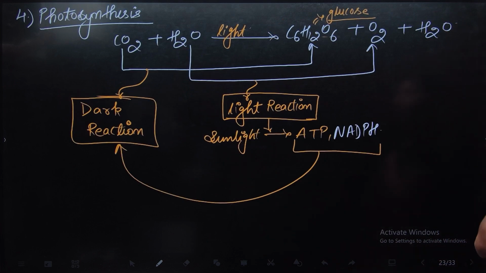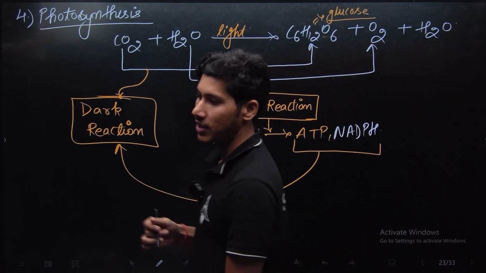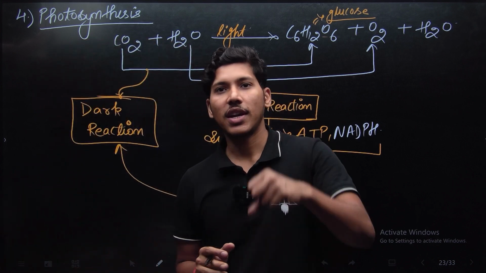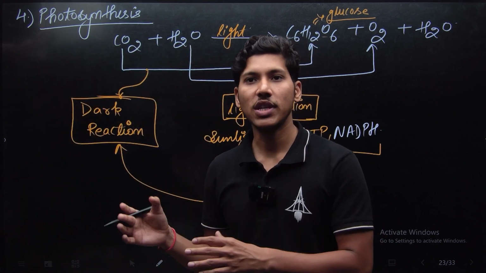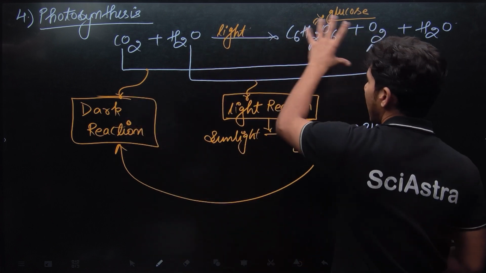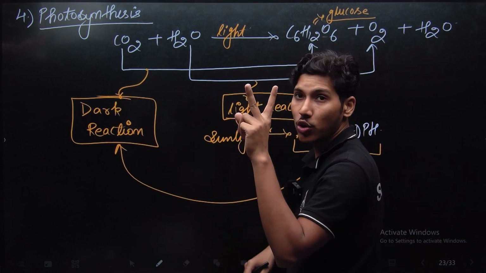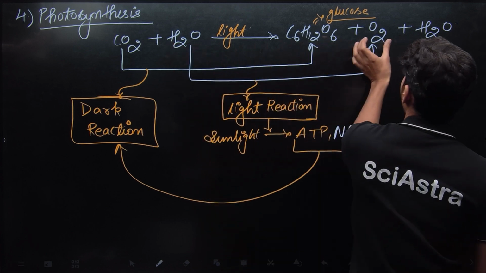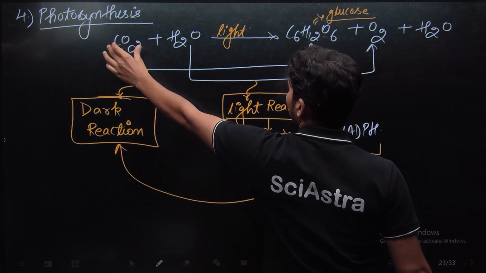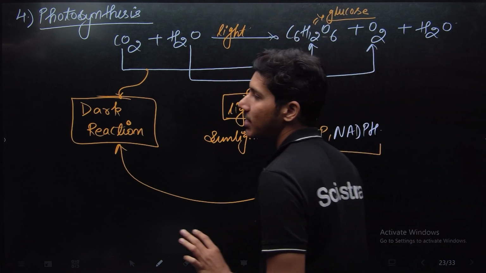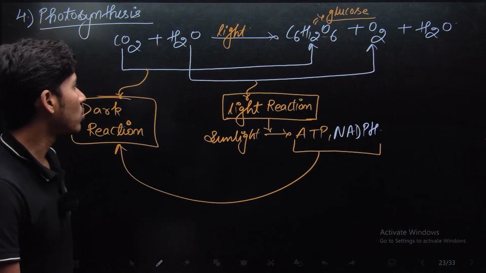Now the next chapter is photosynthesis. In photosynthesis, we know that plants capture sunlight to produce C6H12O6, which is glucose. This reaction can actually be broken down into two parts. First is the breakage of water to oxygen, and second is the reduction of CO2 to C6H12O6.